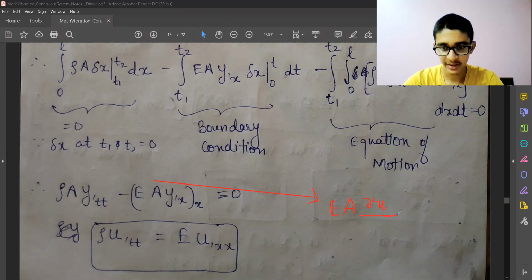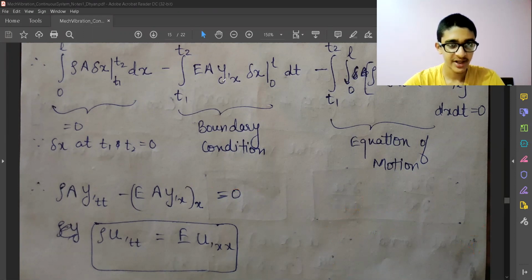So we'll write as del square u by del x square is equal to rho A, del square u again instead of y, and the denominator will be twice differential of time. So this is the same equation. Then we took area as common and divided this over here, and then defined this as c square. So that's the whole purpose. We have got the same equation as we got for the Newton's approach also. Using the energy approach and Newton's approach, the equations are matching.